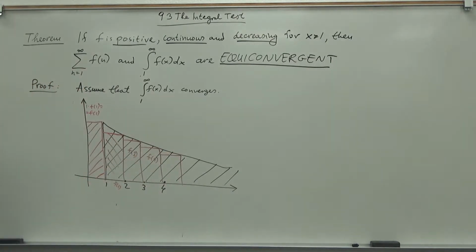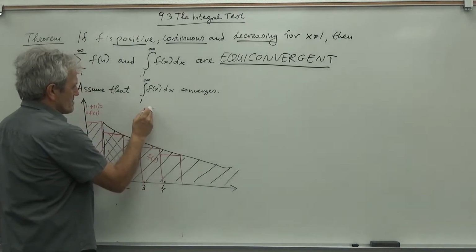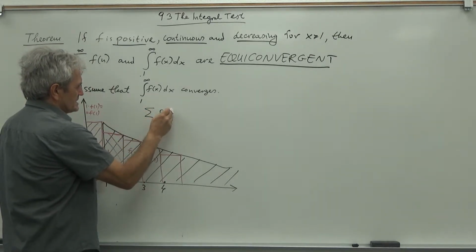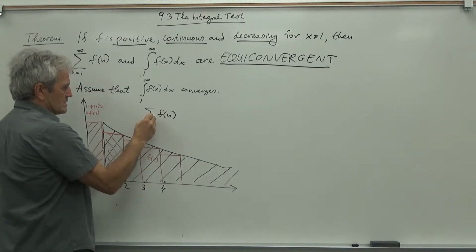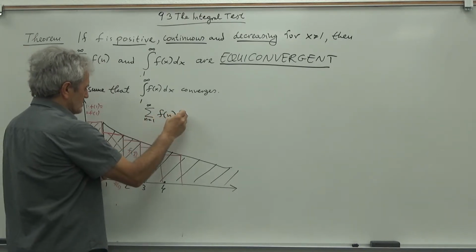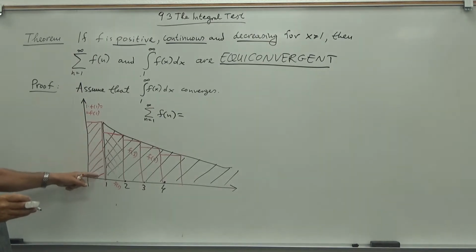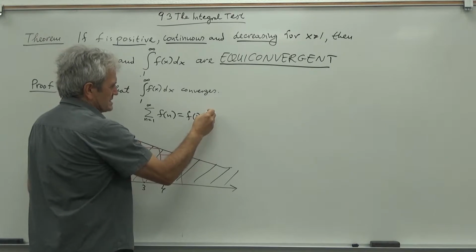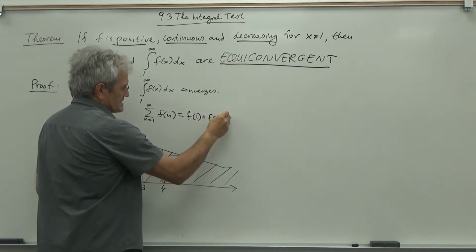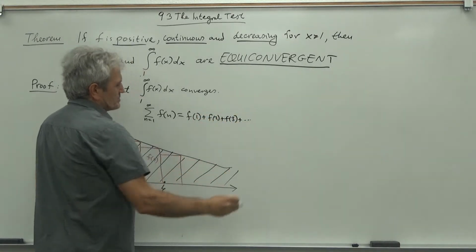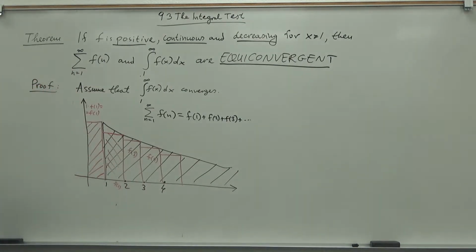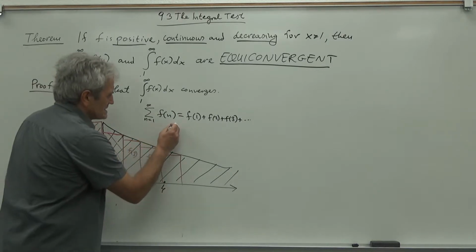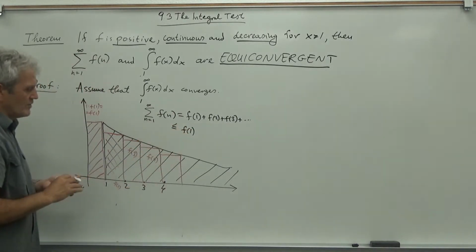Now we will say the following. Our sum of f of n, when n goes from 1 to infinity, is equal to f of 1, which I will just put separately, plus f of 2 plus f of 3, and so on. I should put a limit here and everything, but I think intuitively it's clean if you write it like this. And then it's less than or equal to f of 1, which is just f of 1.